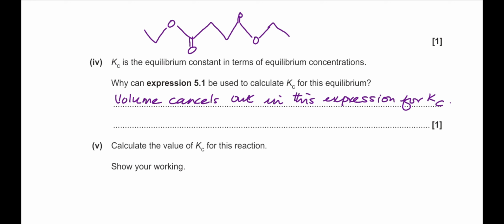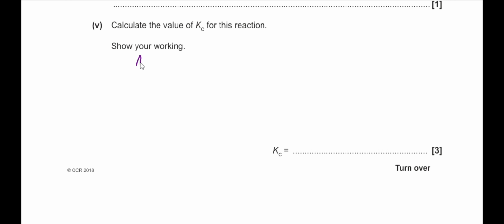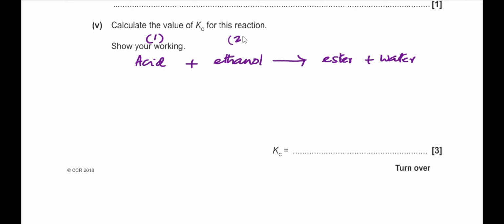Part 5. Calculate the value of Kc for this reaction. Show your working. So let's quickly jot down acid plus ethanol react to give ester plus water. In this, 1 mole of the acid reacts with 2 moles of ethanol to give 1 mole of the ester and 2 moles of water. So at the starting point and at equilibrium, let's find out the number of moles.